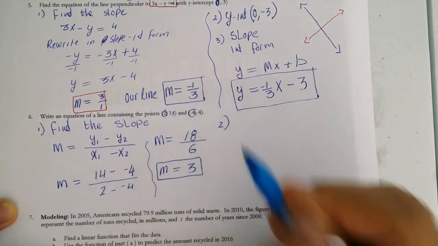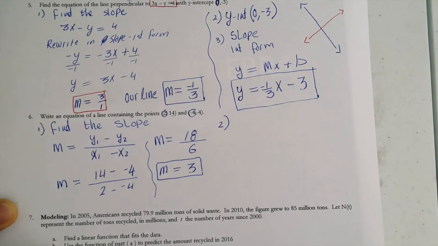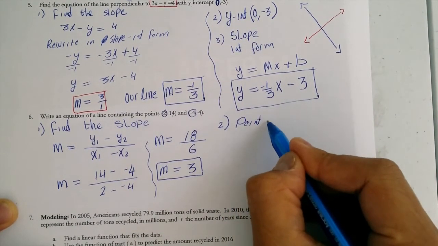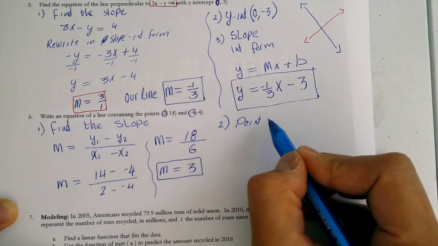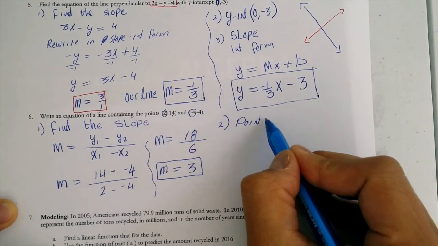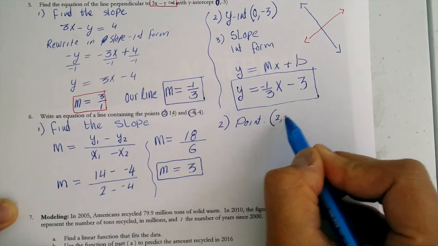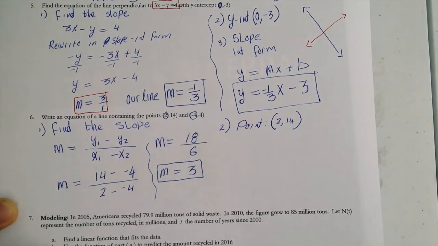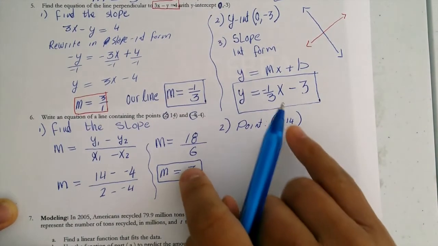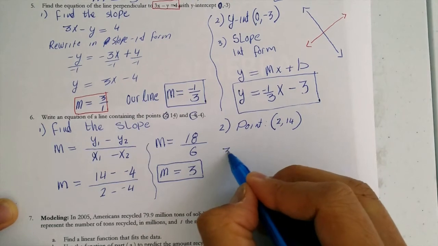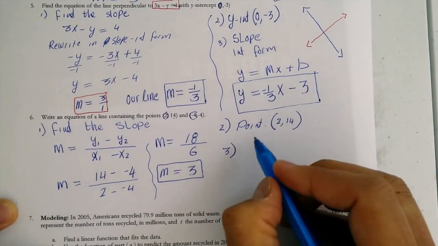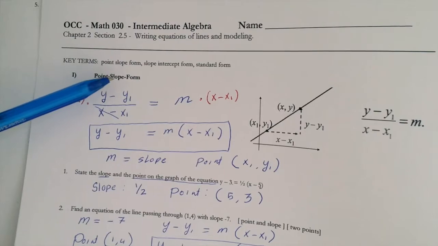All right, so we have a slope. We either need the y-intercept or we need a point. In our case, we have 2 points to work with. So pick one of these 2 points as your key point. I'm going to pick the first ordered pair, which is (2, 14). So now I have the 2 pieces of information that I need in order to write the equation of a line. I have a point and a slope.